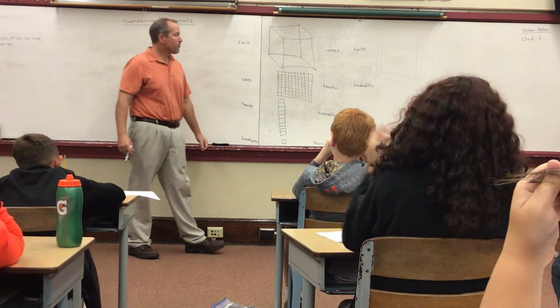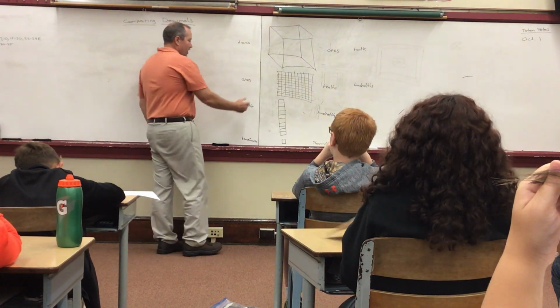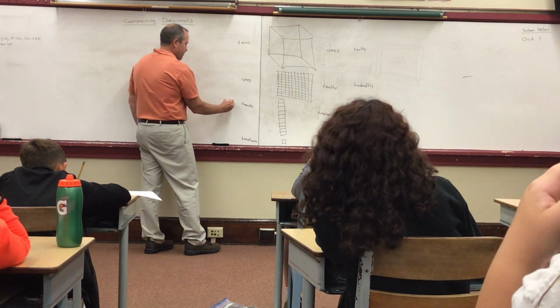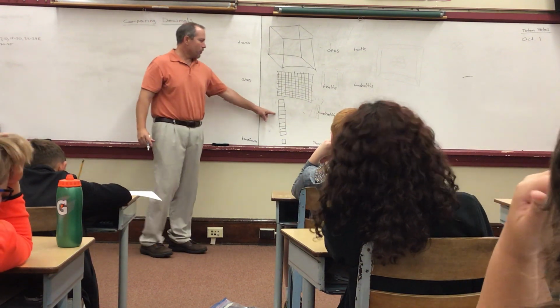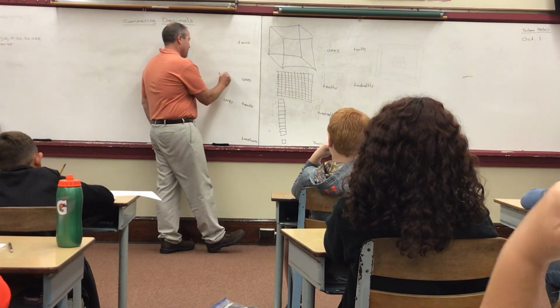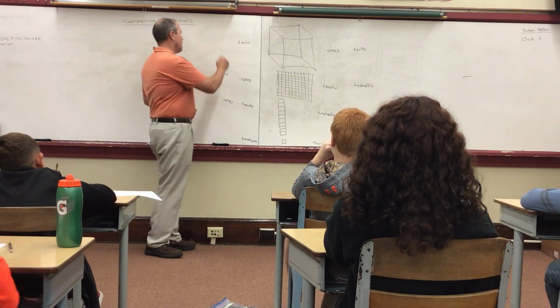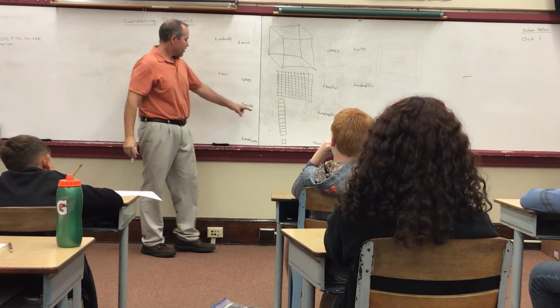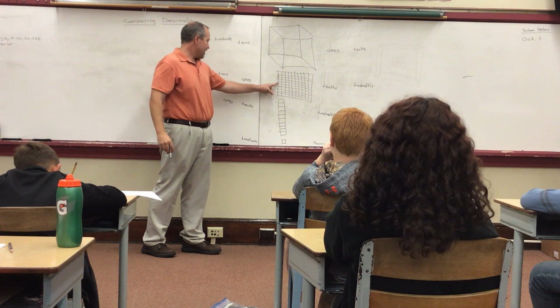It's possible that this could equal the ones. If this equals the ones, this would be the tens, and then this would be the hundreds, because there would be 10 of these in this one, there'd be 100 of these in this one.